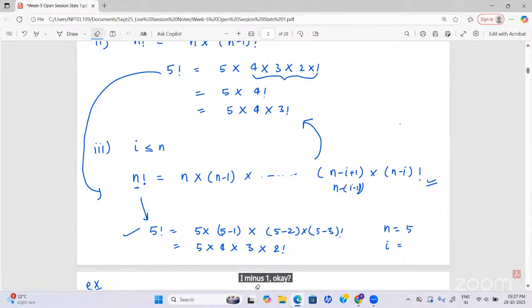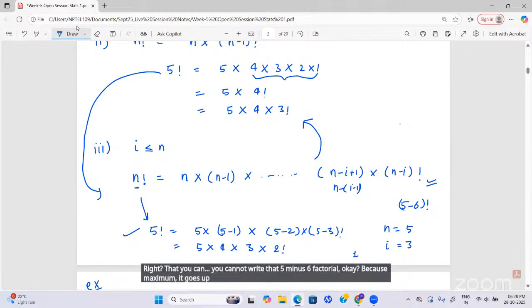In this particular example, I have written that the value of i is 3. So 3 will always be less than 5. This i value will be specified. You cannot write 5 minus 6 factorial, because at maximum it goes up to 1, so it can be n minus (n minus 1) factorial.